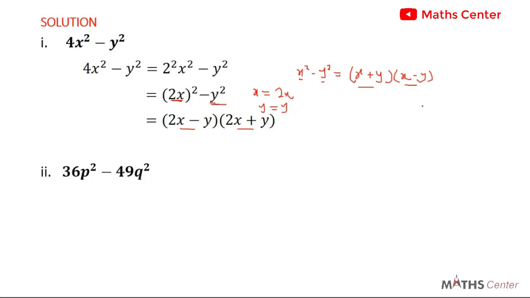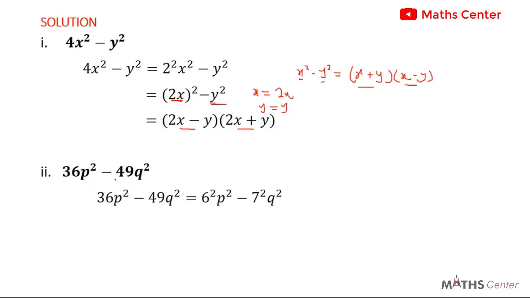Let's take the next question. 36p squared minus 49q squared, and we are supposed to use the principle of difference of two squares. We cannot use the principle straight away like this, so something has to be done.